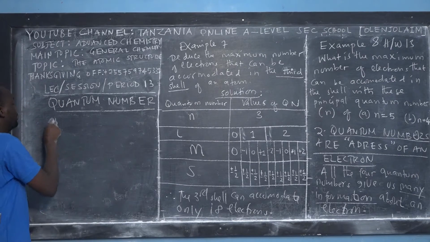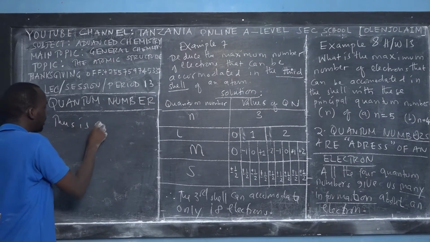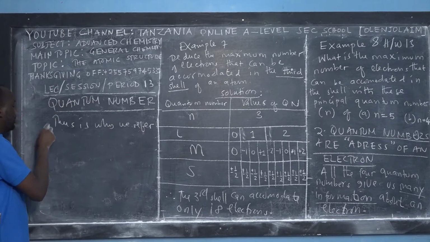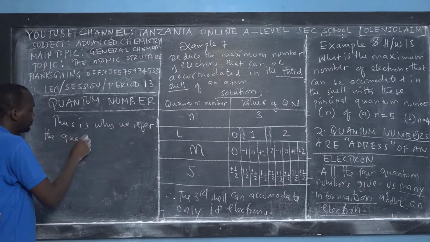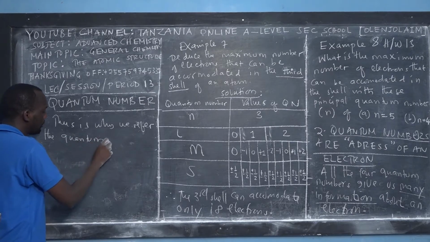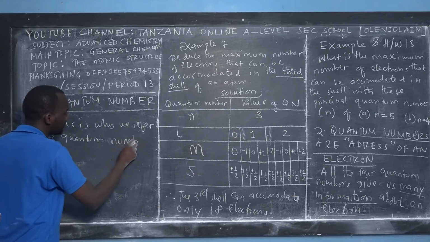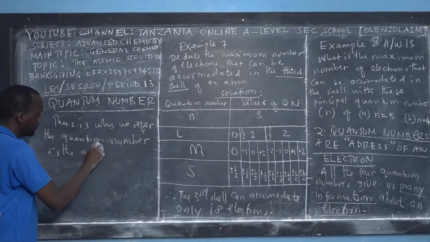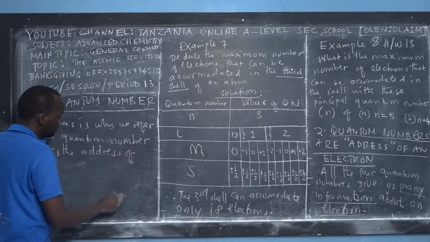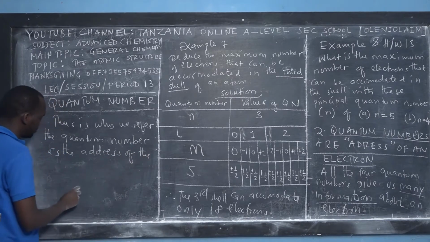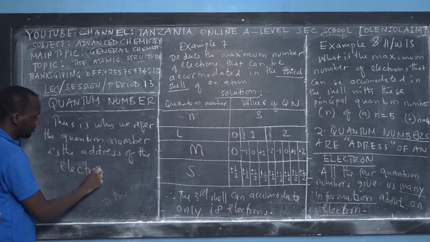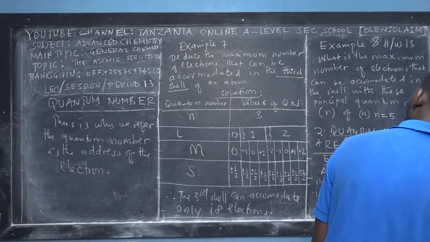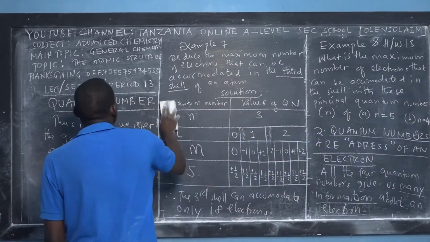That's why we refer to the quantum numbers as the address of the electron. Address of what? Of the electron. So that's the point that you should bear in your mind.